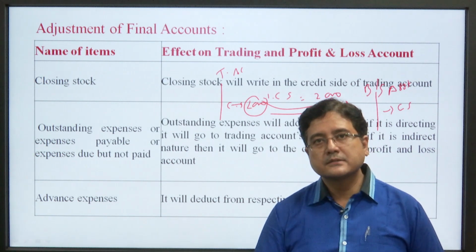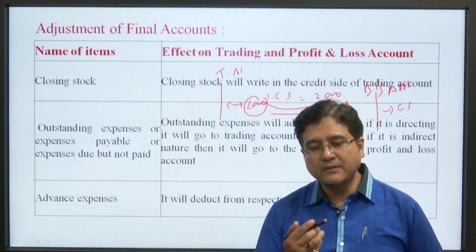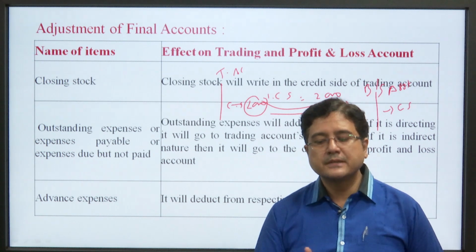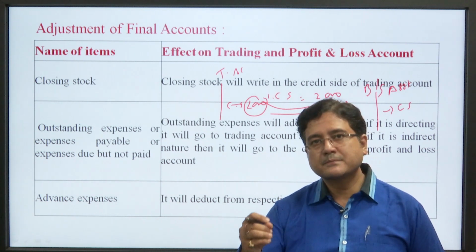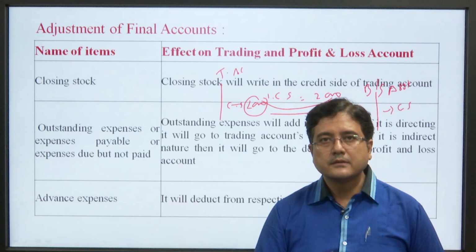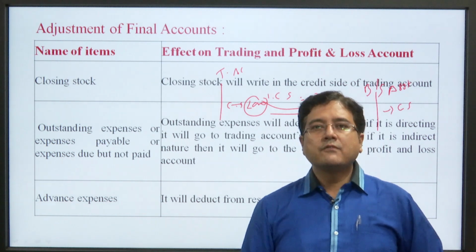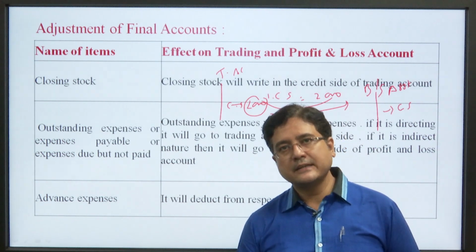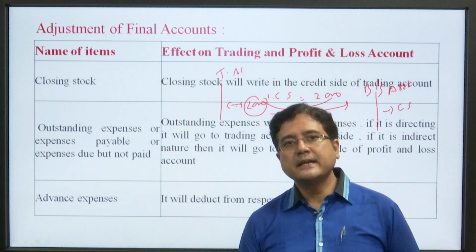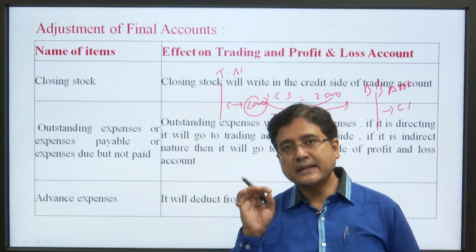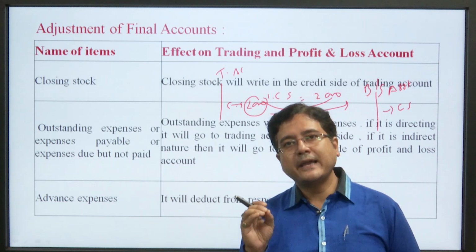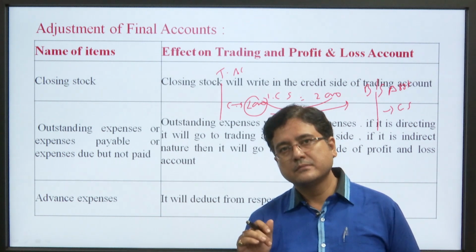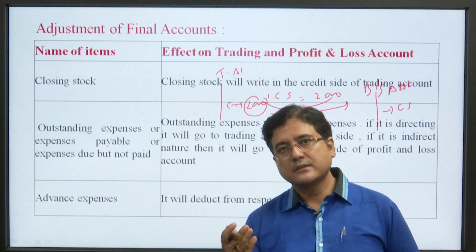Advance expenses are expenses which we have already paid in advance. They will be deducted from the respective expenses paid. If we pay in advance any expenses of the next financial year in this current year, then we need to deduct that expense from the head of that expense, like advance insurance premium of the next financial year.